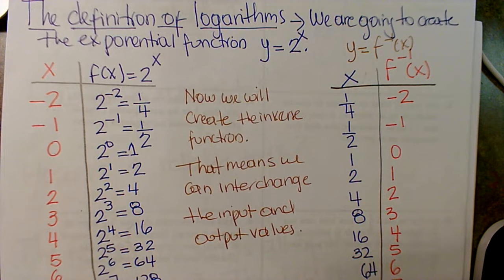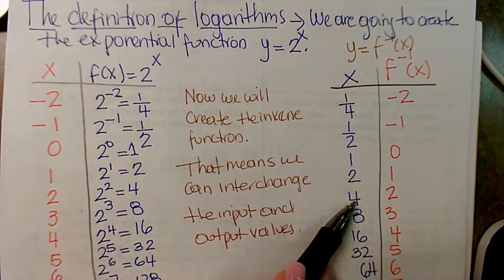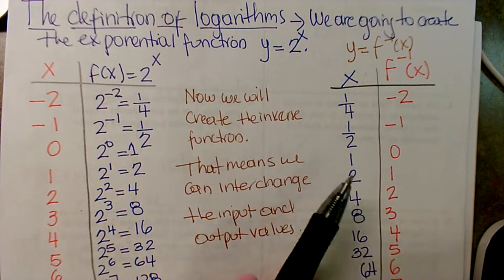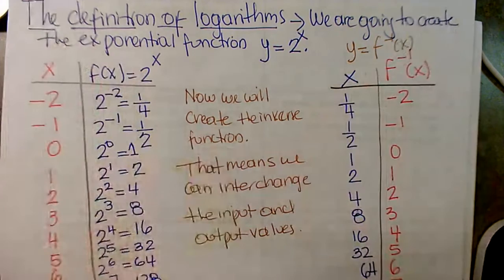Four was the output here, now is the input. So this table is the inverse of this one. When we say inverse, it means that we're interchanging the x and the y.